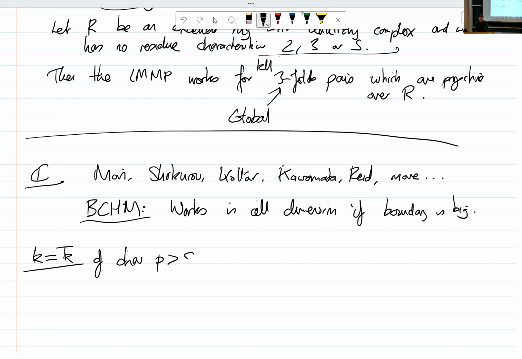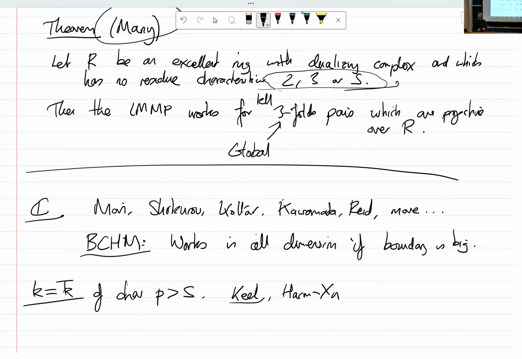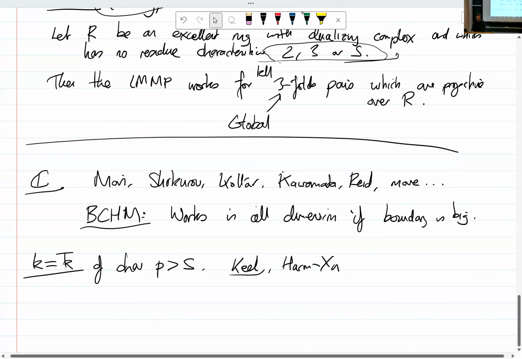If we're looking at algebraically closed fields in characteristic p greater than 5, I should mention work of Keel, but then the more recent work started with the work of Hacon-Xu, which really said that flips exist where you make some assumption on the boundary being standard coefficients, and this is where this p greater than 5 appeared. So no residue characteristic 2, 3, 5. I'm not going to talk about flips, so I won't say too much about that, but this is where p greater than 5 first appeared.